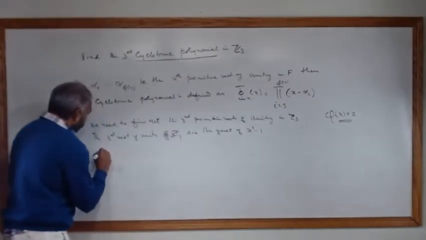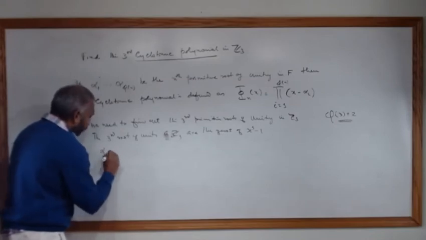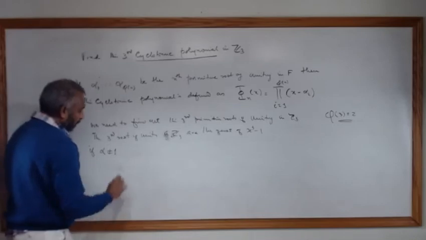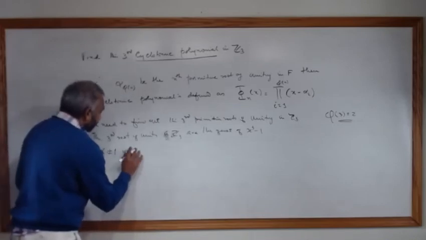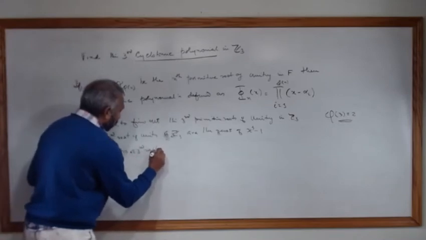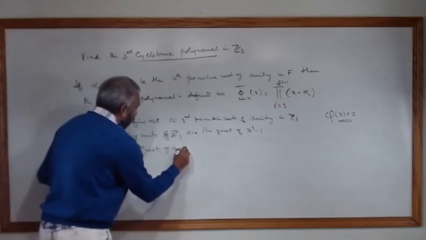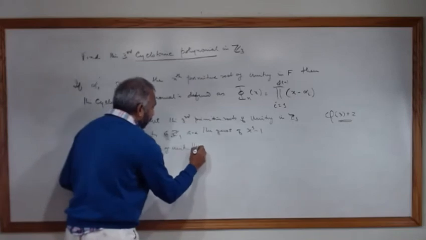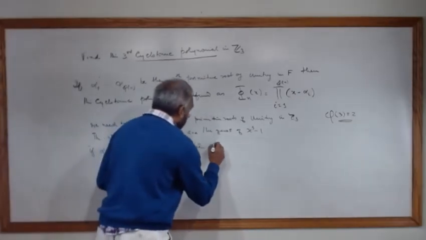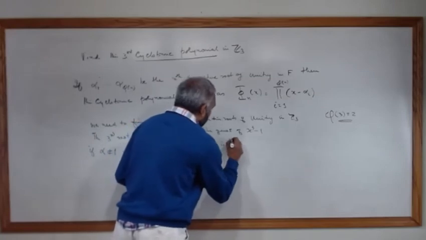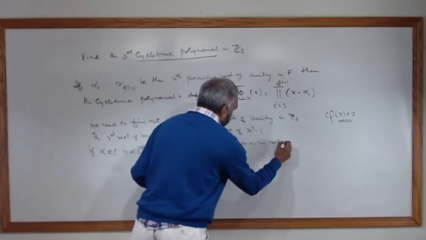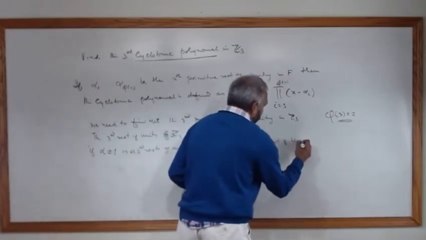So alpha not equal to 1, if alpha not equal to 1 is a third root of unity, then it is a third primitive root of unity.